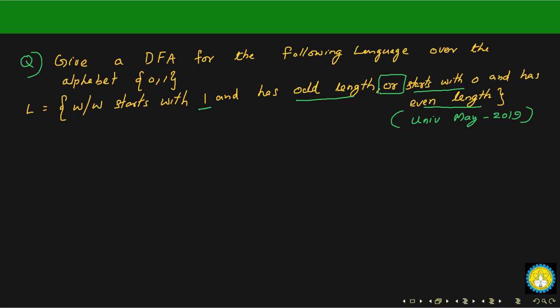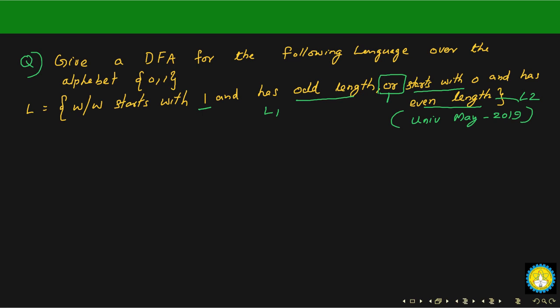Since this OR clause is here, we will be tempted to use the method that we were discussing. But let's quickly design the DFAs for L1 and L2. So I can say that this is going to be language 1 and this is going to be language 2, and then start designing. Let's check whether it is possible.